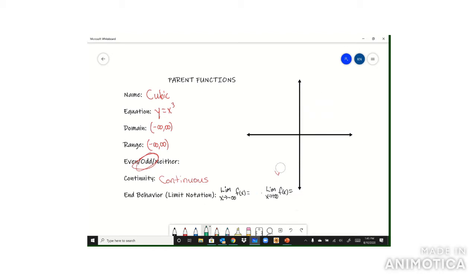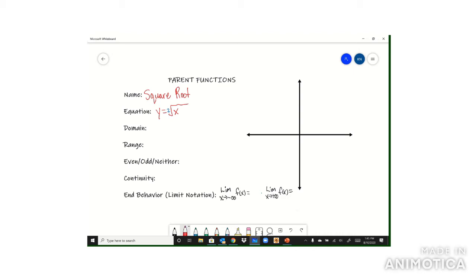Okay, the next one is going to be a square root function. So like y equals square root x. By the way, on a square root, there's a hidden 2 here by default that most people don't write.